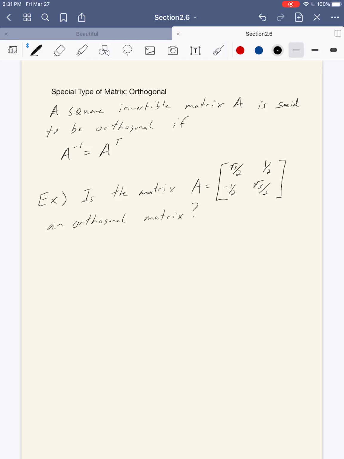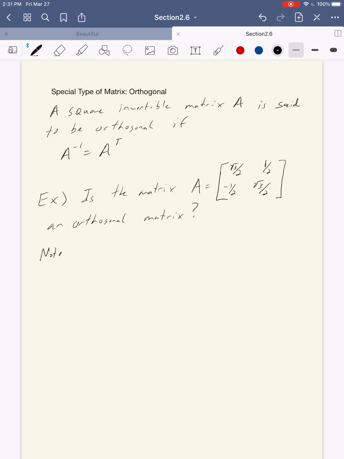Well, we could analyze this question in several ways. We could use our inverse process to figure out the inverse of this matrix by augmenting it with the identity and then using elementary row operations. Then once we got the inverse, we could check if the inverse is the same as the transpose. But we could also check this more simply by figuring out the transpose and then seeing if the transpose acts as the inverse.